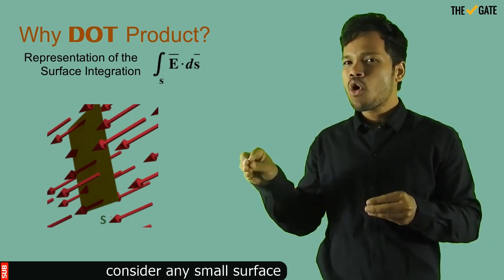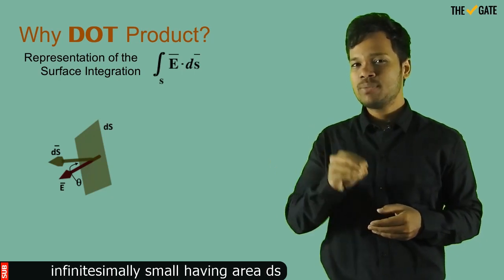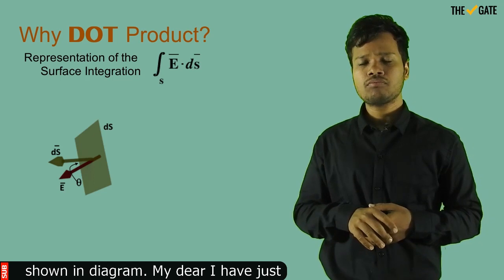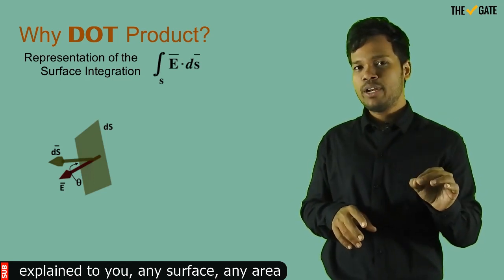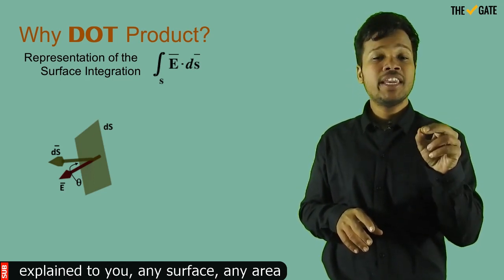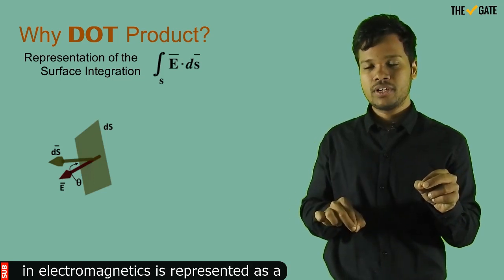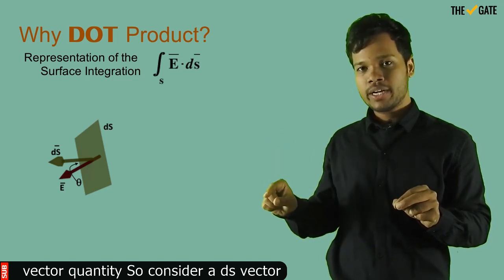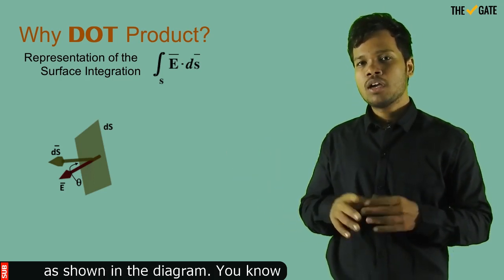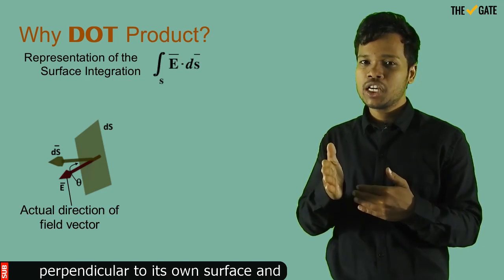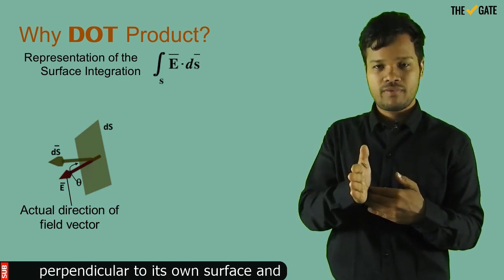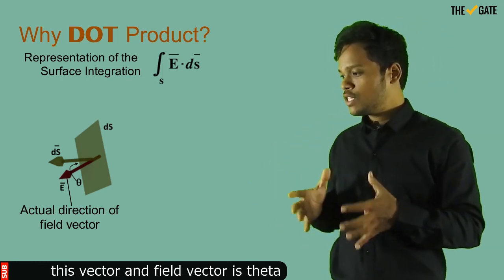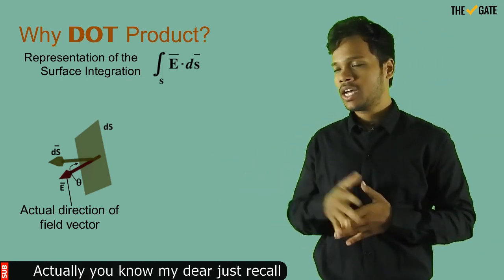So consider any small surface, infinitesimally small, having area ds as shown in the diagram. My dear, I have just explained to you any area in electromagnetics is represented as a vector quantity. So consider ds vector as shown in the diagram. The area vector has a direction perpendicular to its own surface. And let us assume that the angle between ds vector and field vector is theta as shown in the diagram.